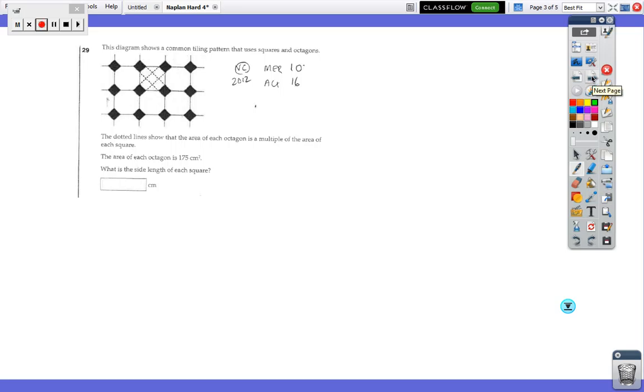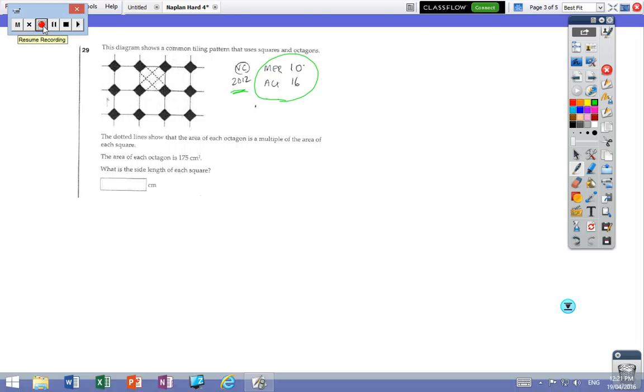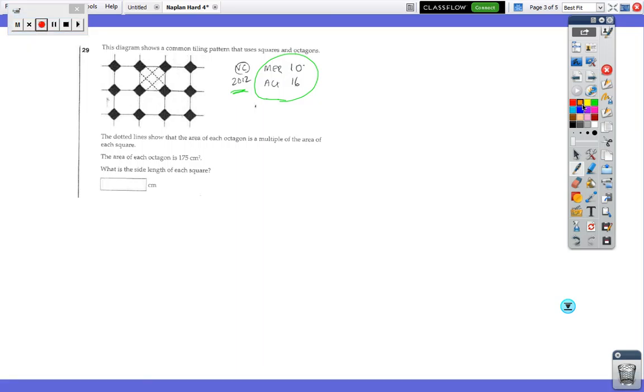Okay, this one's a hard one. We're looking at non-calculator and only 1 in 10 students got it right. So when you're ready, pause and have a go. Okay, so what we're looking at is the octagon has an area of 175. The octagon is in there, and it's divided up into squares.